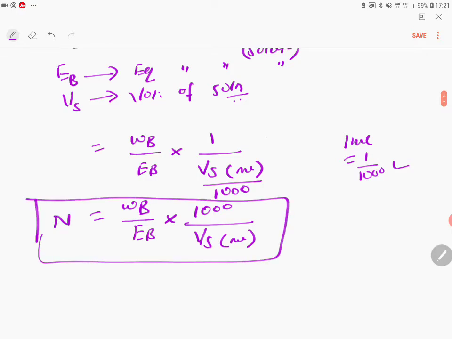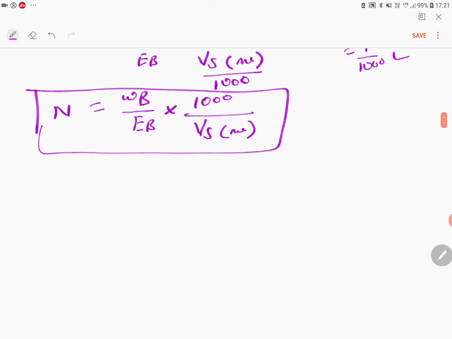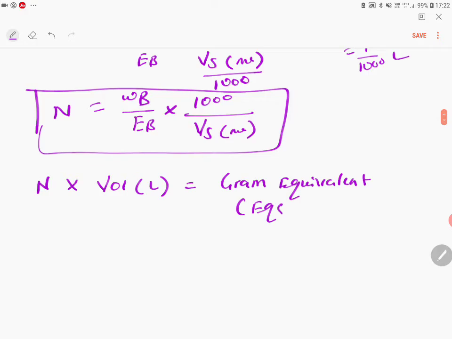Some other formulas are also there connecting to normality. Normality into volume in liters, if you multiply, it is known as gram equivalent, or simply the number of equivalents.